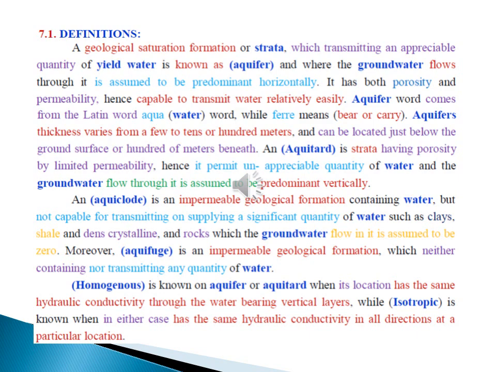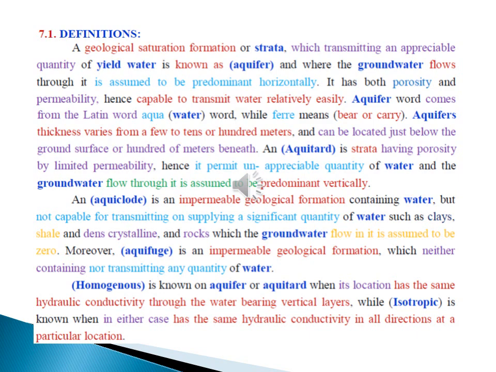On the other hand, an aquiclude is an impermeable geological formation containing water but not capable of transmitting or supplying a significant quantity of water. Moreover, an aquifuge is an impermeable geological formation which neither contains nor transmits any quantity of water.